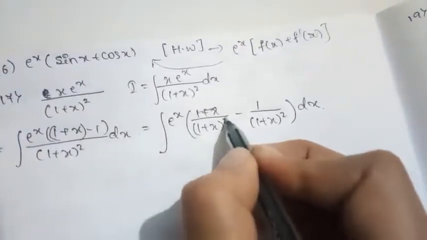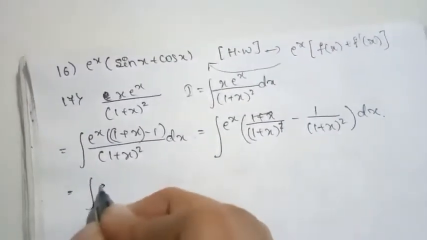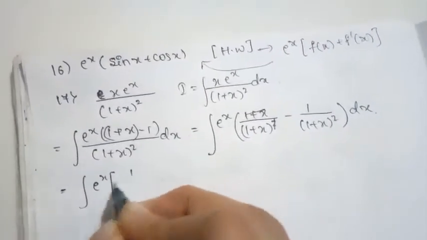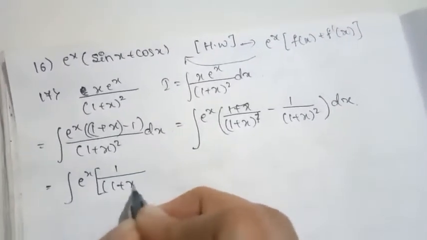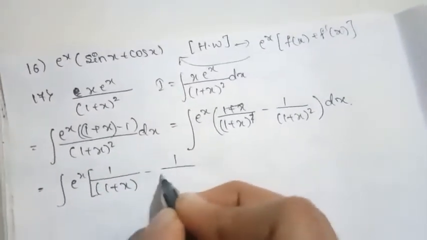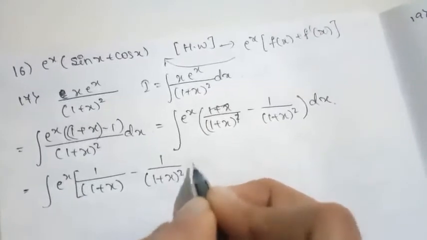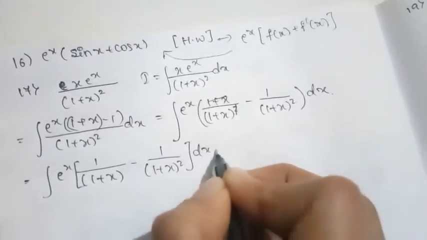So 1 plus x gets cancelled. So the remaining is integration of e power x into 1 divided by 1 plus x minus 1 divided by 1 plus x whole square into dx.